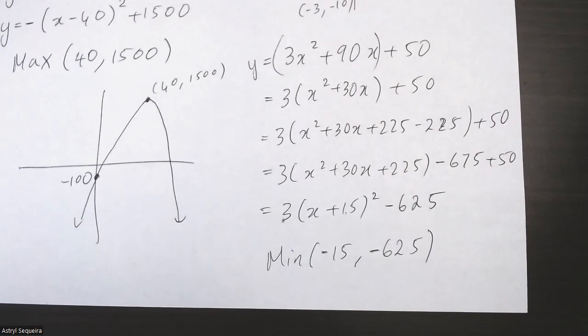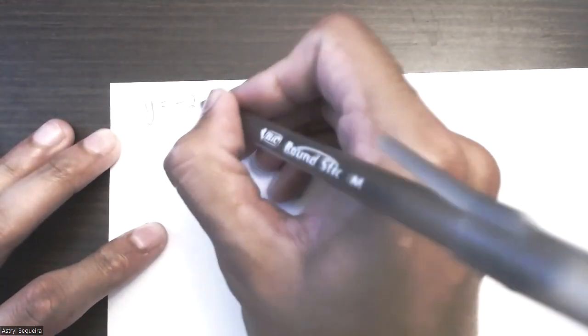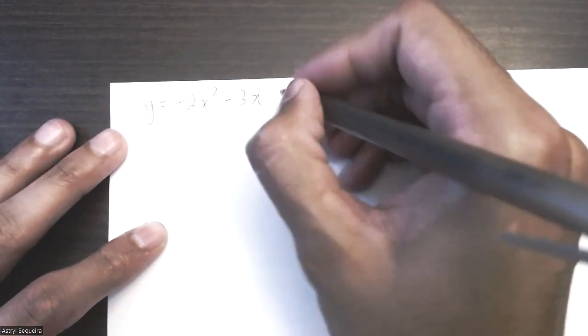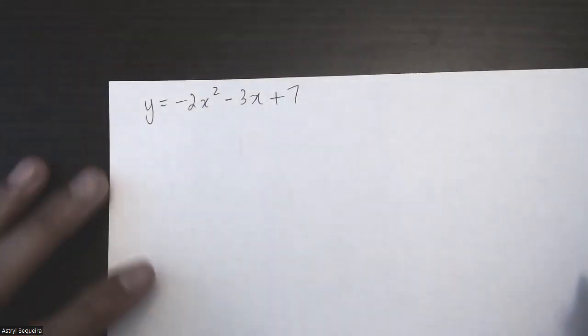Okay, we can have harder questions in terms of factoring as well. You can have questions which will probably involve fractions. So let me show you an equation with fractions. You can have, for example, y equals negative 2x squared minus 3x plus 7.